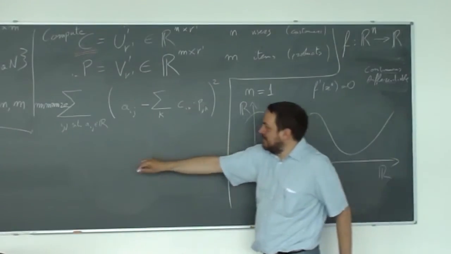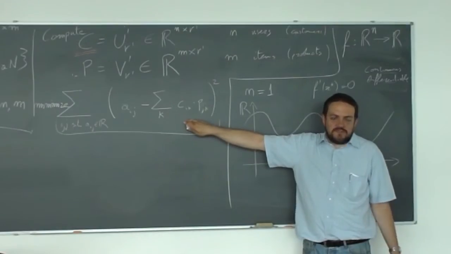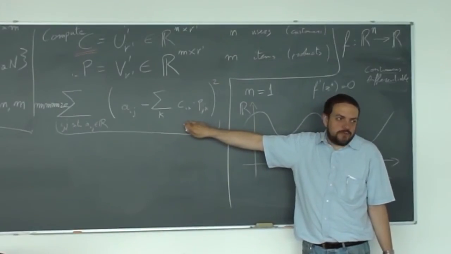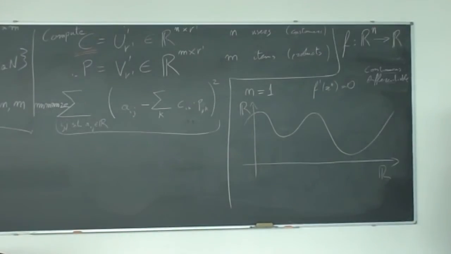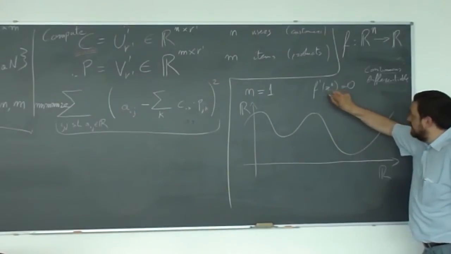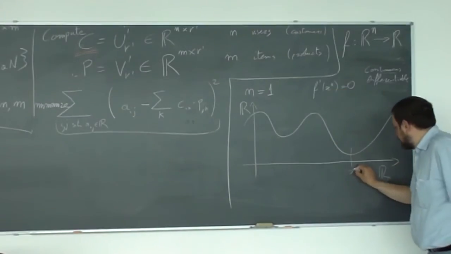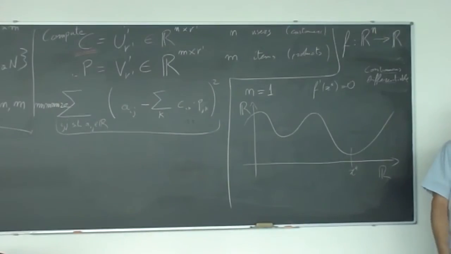It's easy to conclude that this is the case. This is for sure continuous and differentiable. Suppose that you are looking for this value x star where the derivative is 0.